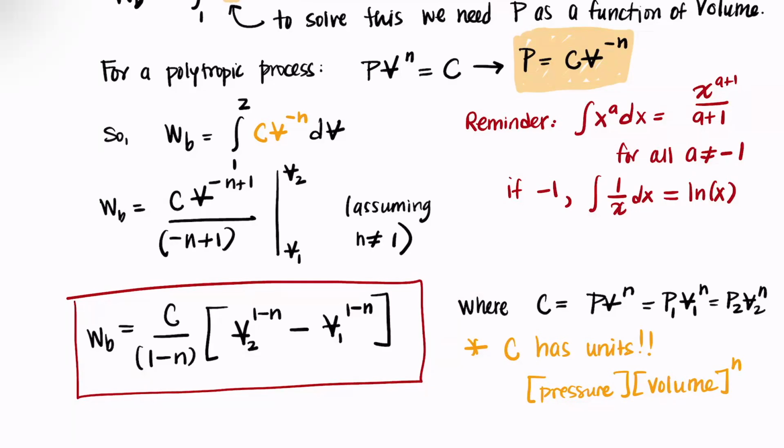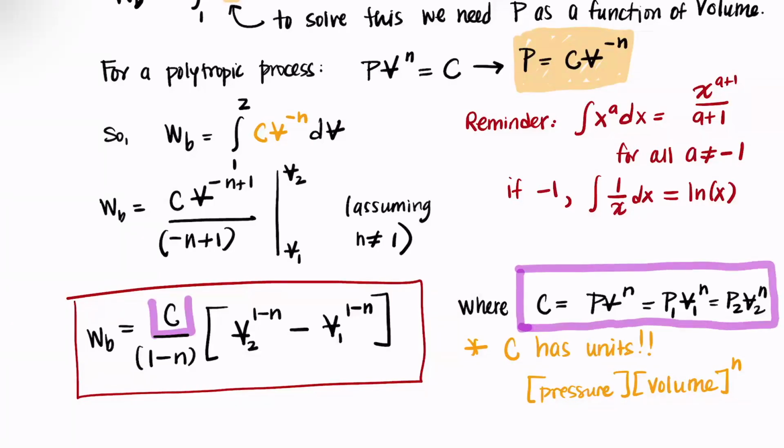Okay, so knowing this, let's substitute those values back into our equation so that we have our boundary work in terms of pressure and volume at states 1 and 2. So the next thing that we're going to do is take this expression and substitute it in here.